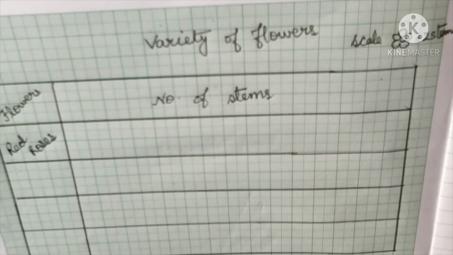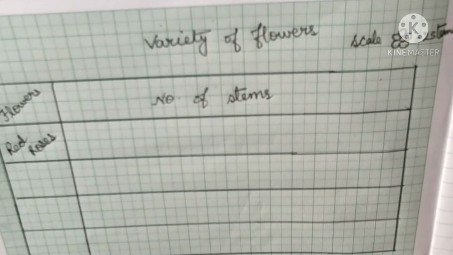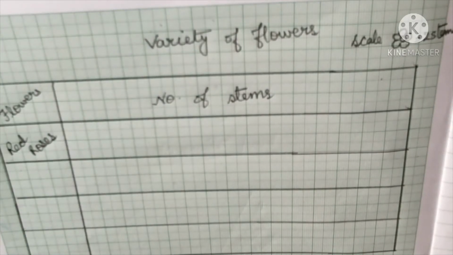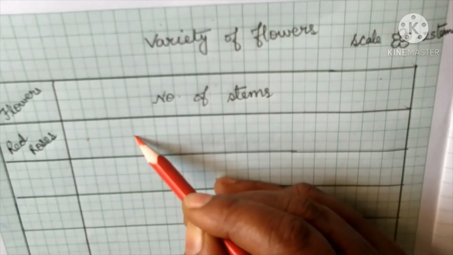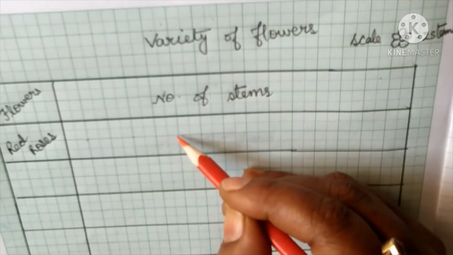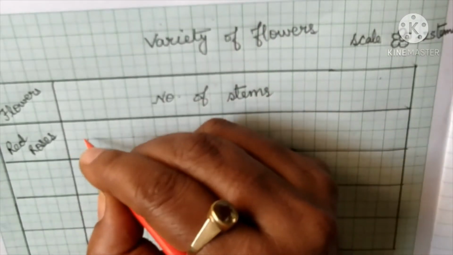I am using the red color pencil to draw the flower. How many flowers do we have to draw? 8 divided by 2, that is 4. So take a block 1, 2, 3 and 4. Okay, they all should be at equidistance.